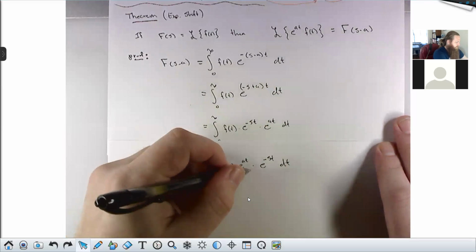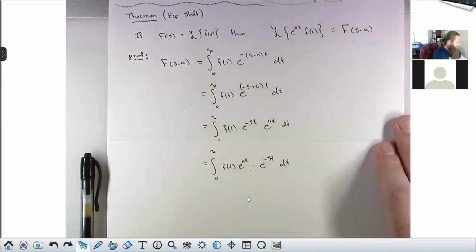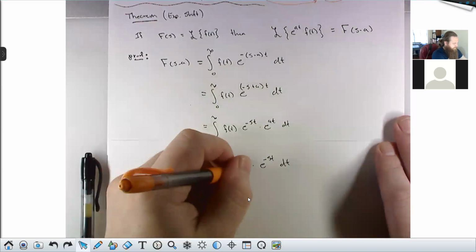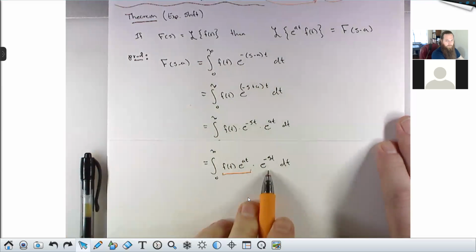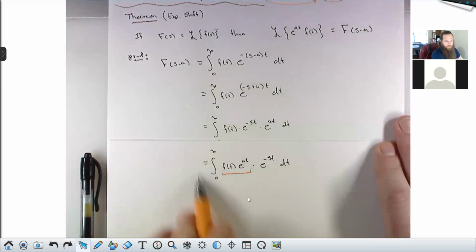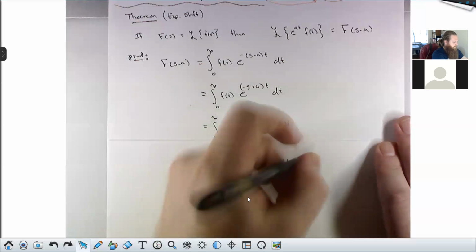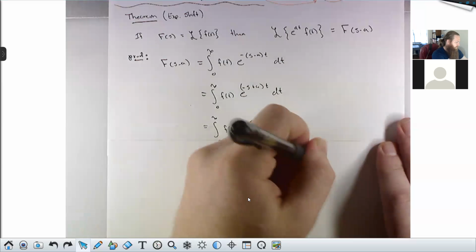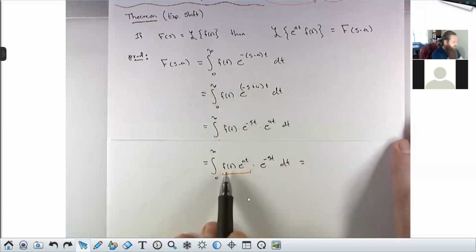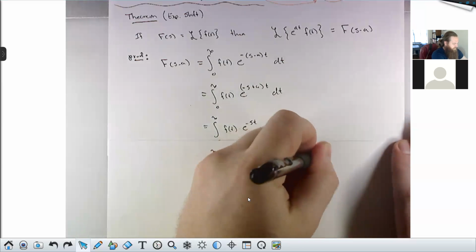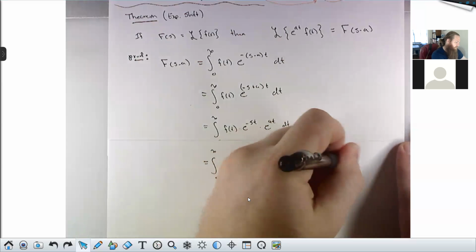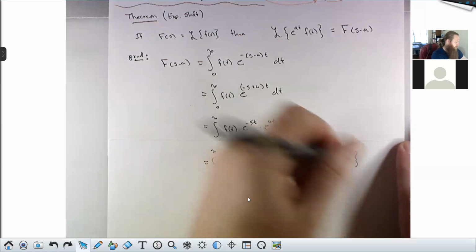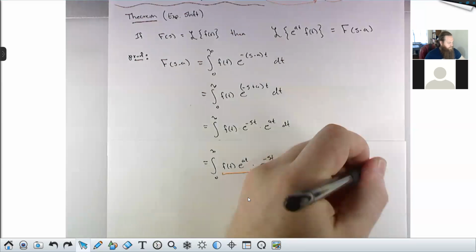If you look at this piece right here, here's your kernel, e to the negative st. So this integral is the Laplace transform of the orange underlined piece. This is the Laplace transform of f of t times e to the at. And that's it, that's the proof.